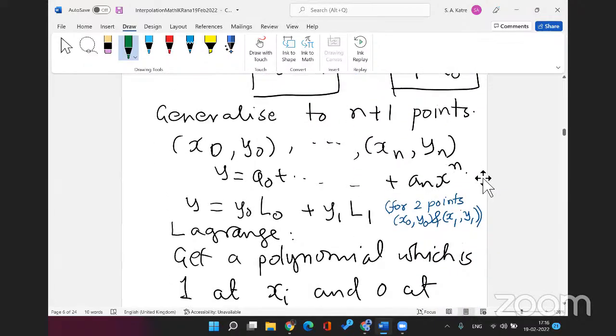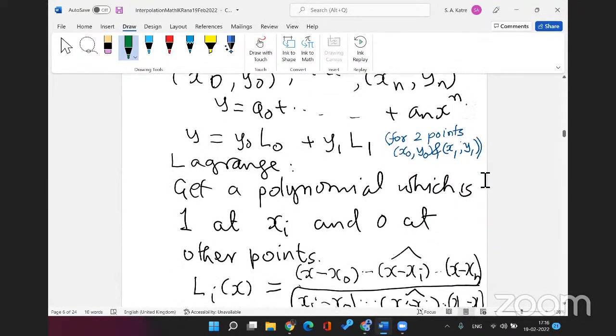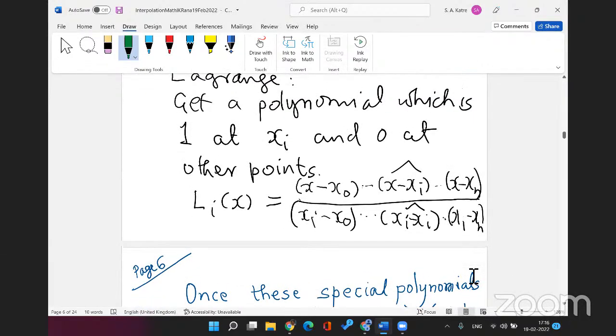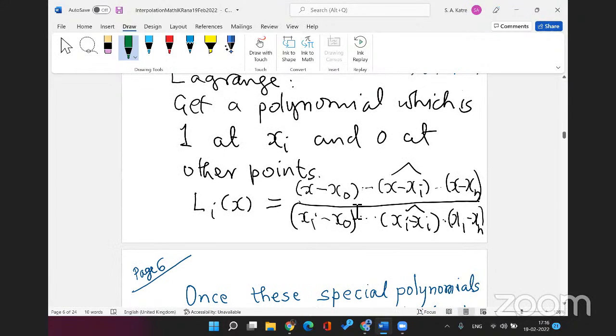Now, Lagrange considered this polynomial Li(x) equal to, as we study at the college level, x minus x0, etc., x minus xi cap, this is the omitted term, up to x minus xn, divided by xi minus x0, so replace x by xi, etc., xi minus xn. So this is how you define the polynomials Li(x).